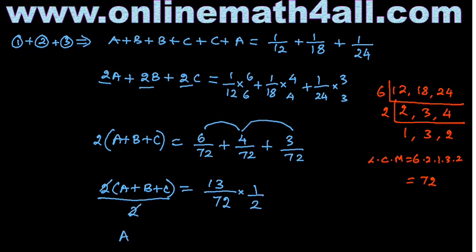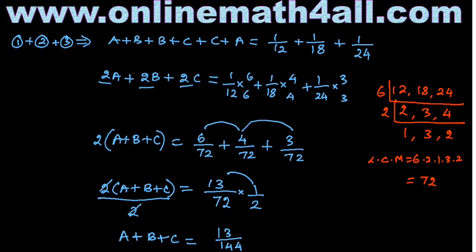So A + B + C is equal to 1 times 13 will be 13 over 2 times 72 will be, sorry, 144. Okay, so we got A + B + C is equal to 13 over 144.